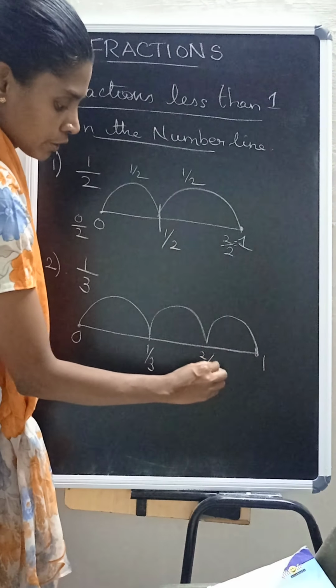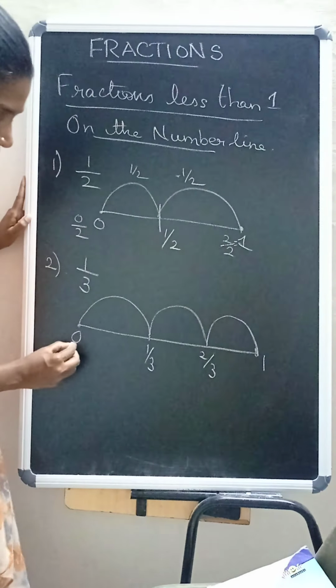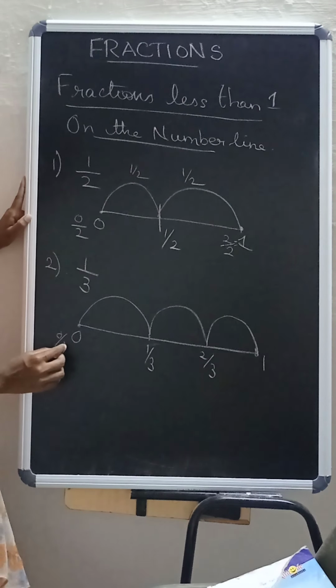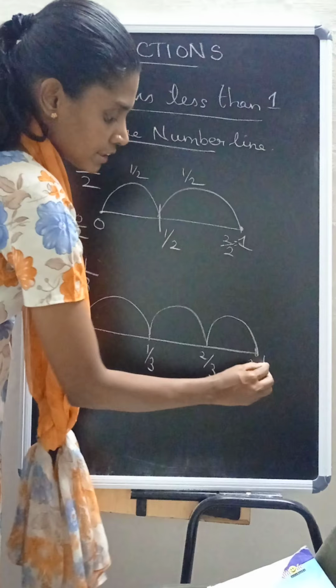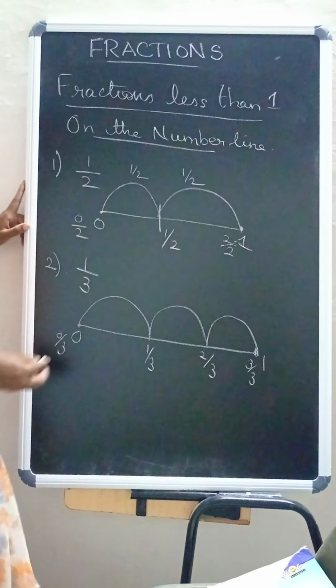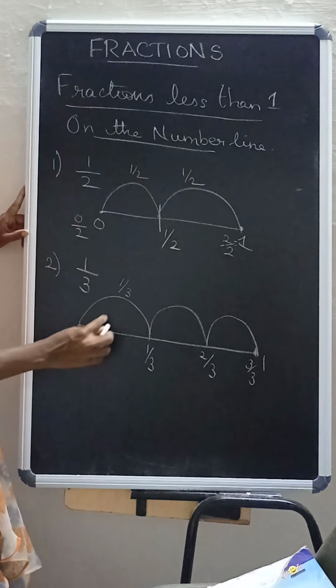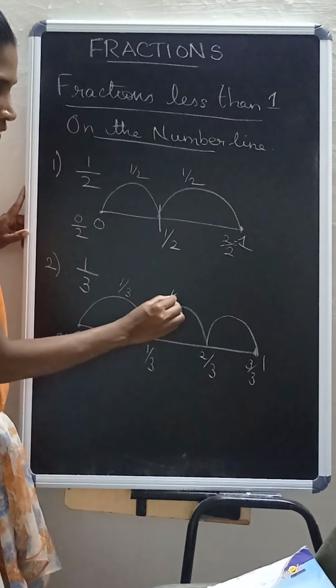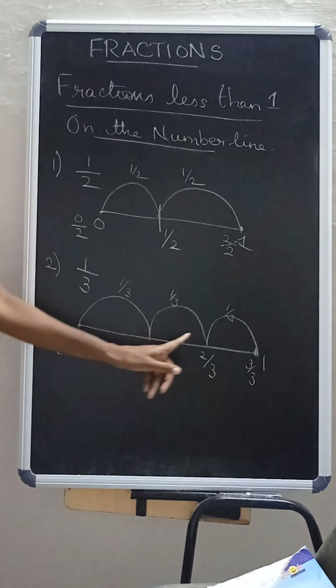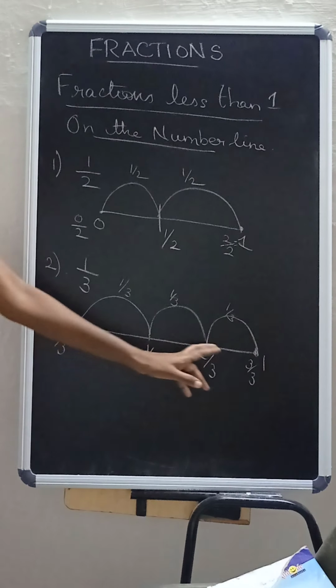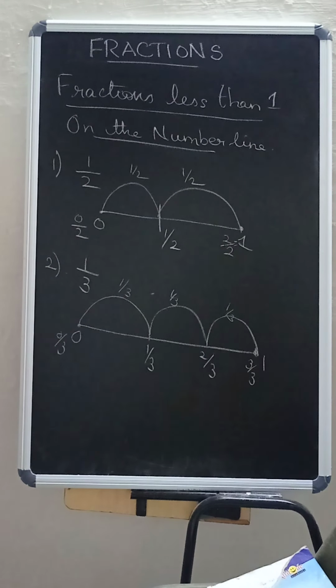This will be 2 by 3. This is nothing but 0 by 3, which is 0. And here 3 by 3 is nothing but 1. So this is 1 by 3 part. This is 1 by 3 part and this is another 1 by 3 part. So we have split the number line into 1 by 3 parts.